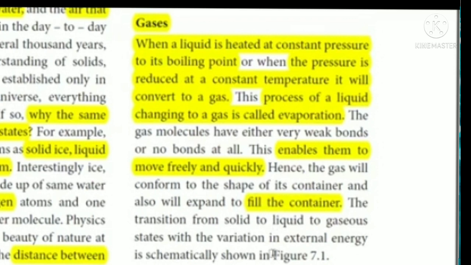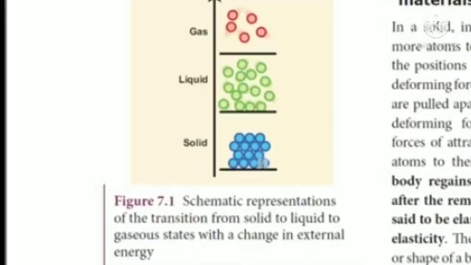The transition from solid to liquid and from liquid to gaseous states is due to the external energy. Depending upon the external energy, it will change from one state to another, solid to liquid and liquid to gas. Here you can see the schematic representation of the transition from solid to liquid and liquid to gaseous state due to the change in external energy.